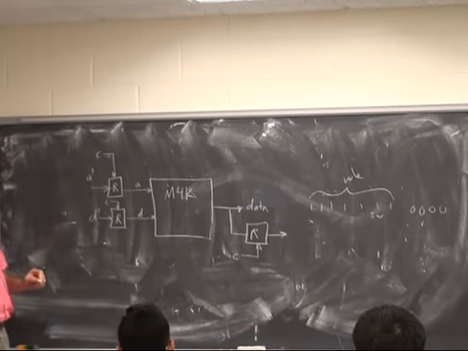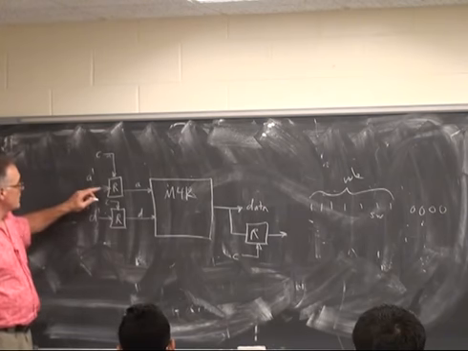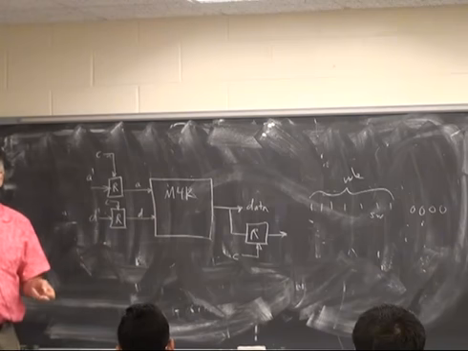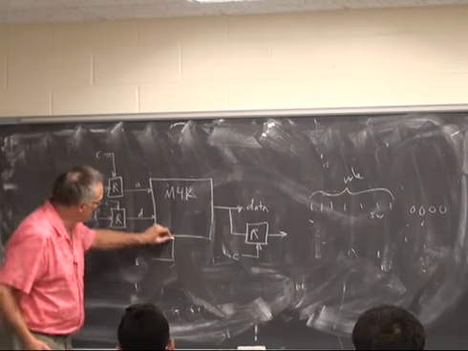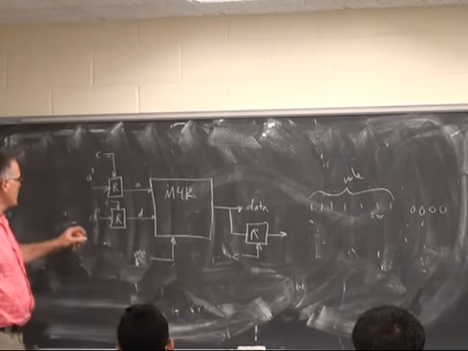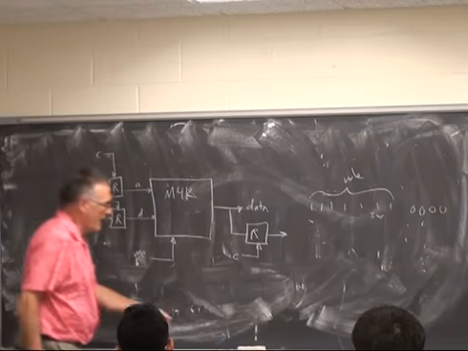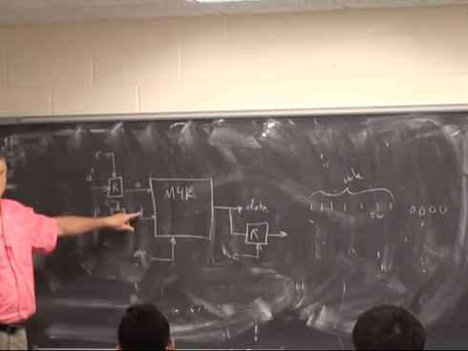On a write, the setup time is finite for address and data before the write enable goes, what is it? It's write enable high. Yeah. So before write enable goes high, this address and this data have to be valid.